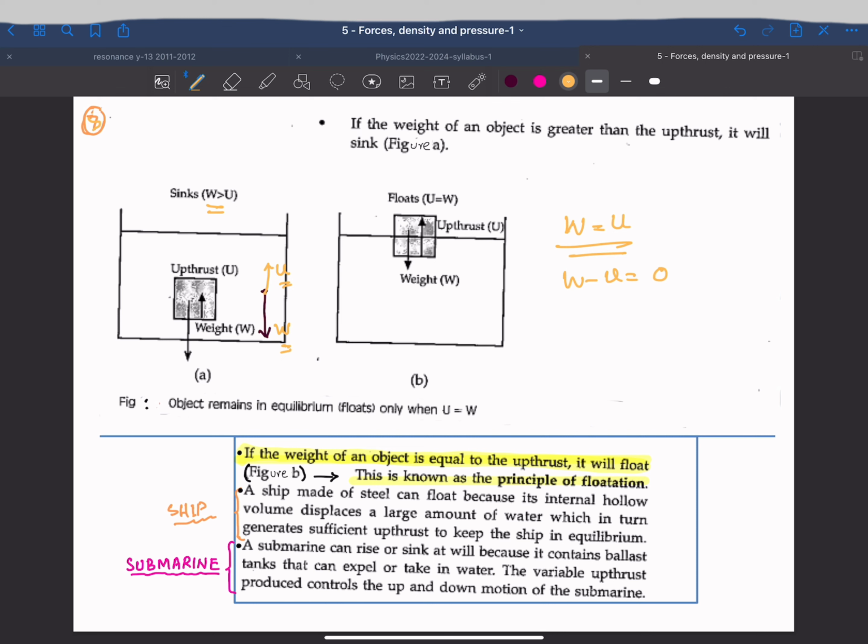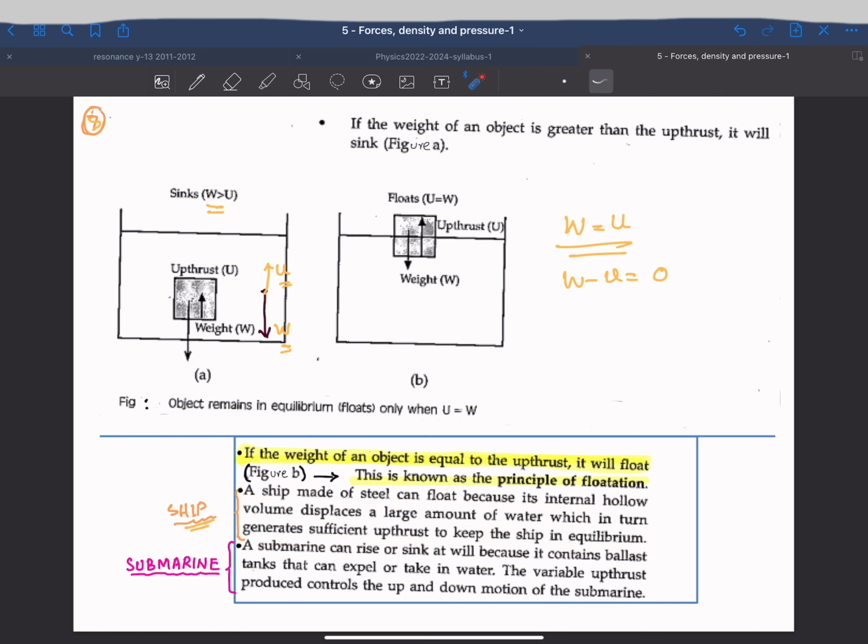I have explained this ship example, and what I have already explained, I am just marking here. A ship made of steel can float because its internal hollow volume displaces a large amount of water, which in turn generates sufficient upthrust to keep the ship in equilibrium.